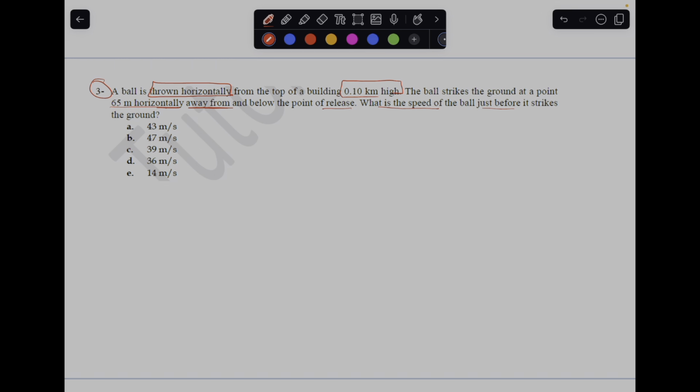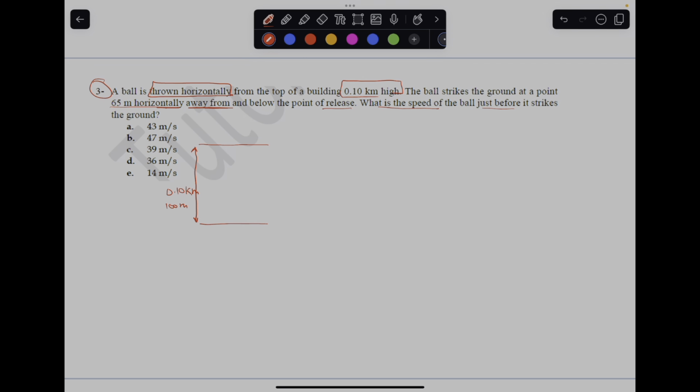So the ball is thrown from a height above the ground. The building is like this, 0.10 kilometer or 100 meters.